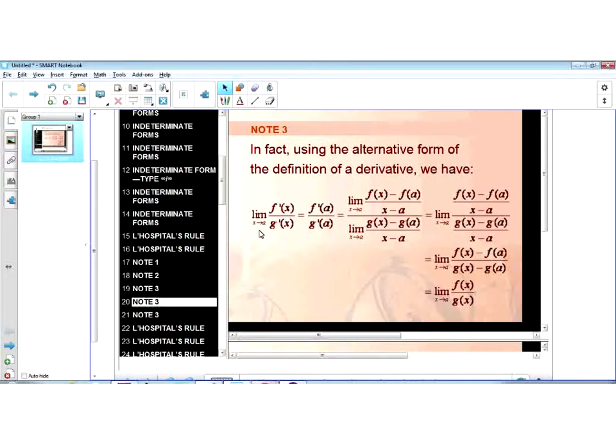Okay, and so here's kind of a rough sketch of how L'Hopital's rule works, although this is not a formal proof. Consider this: the limit as x approaches a of the derivative of f divided by the derivative of g. And so if the derivatives of these two functions exist at x equals a, of course we can use direct substitution provided that g prime of a is not 0.